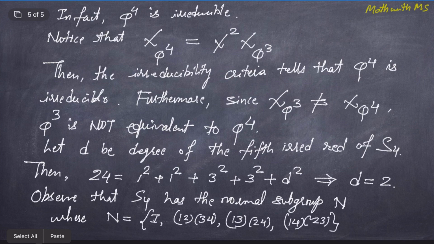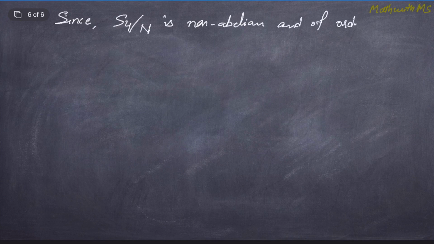So N is a normal subgroup of S4, one can easily check, and its order is 4, so S4 modulo N is going to be a group of order 6, and one can see that it is in fact a non-abelian group, which you can check directly.